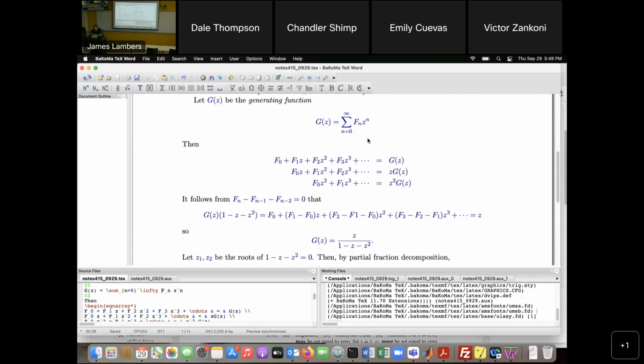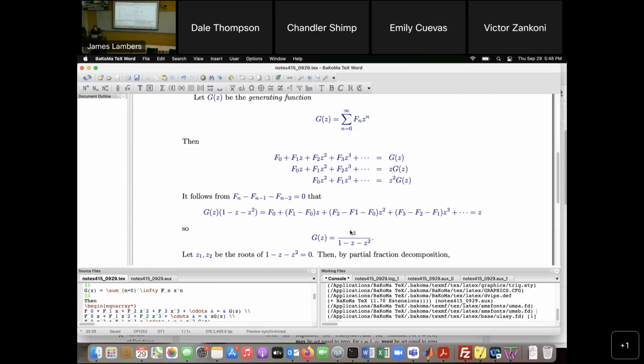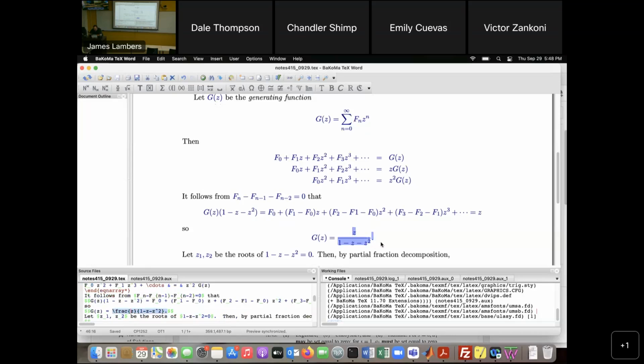What I'm going to show you here might not necessarily work for, well, it actually works for a variety of recurrence relations. So I'm going to perform one of your favorite techniques from calculus 2, partial fraction decomposition, on this fraction here.